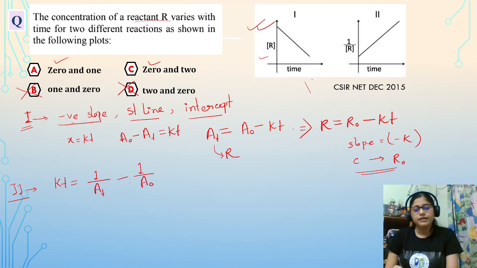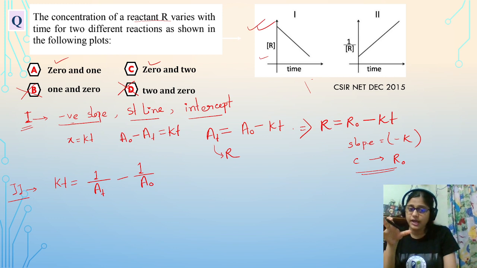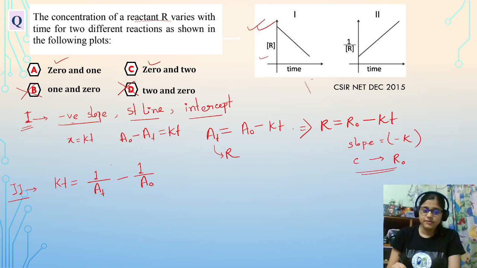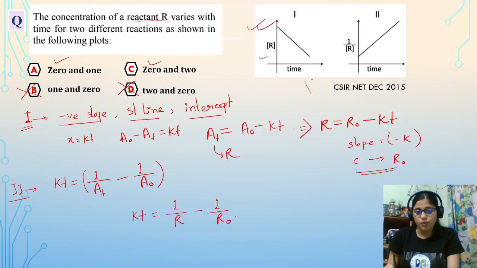If you forget it, don't worry, just remember the nth order reaction formula and put 2 there. Some things you have to remember, right? So if we put R here, then Kt equals 1 by R minus 1 by R0. So 1 by R will be equal to Kt plus 1 by R0.